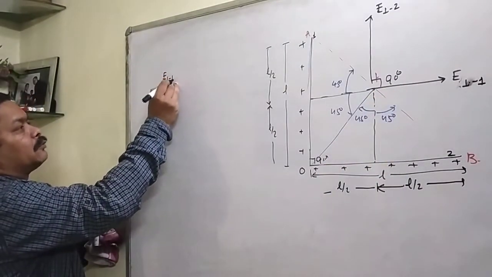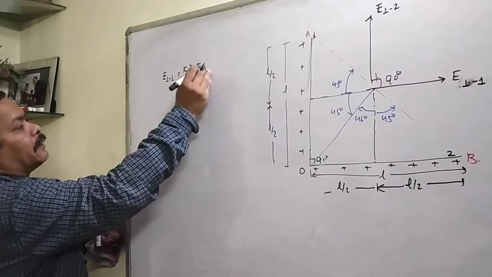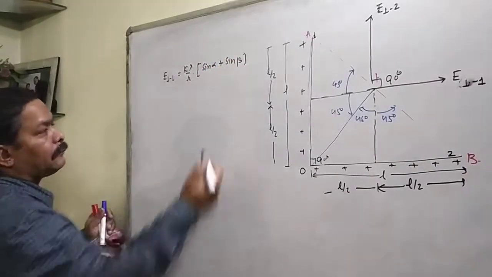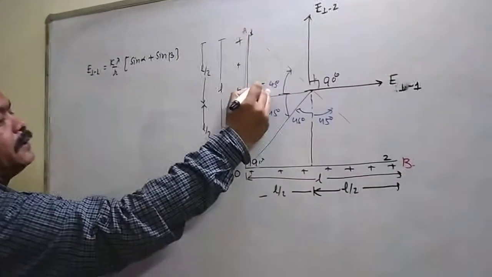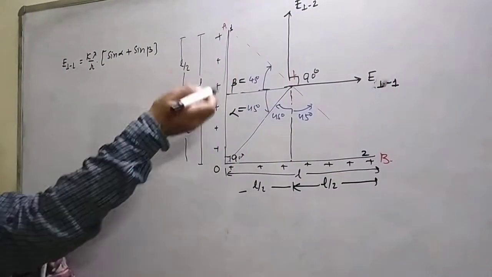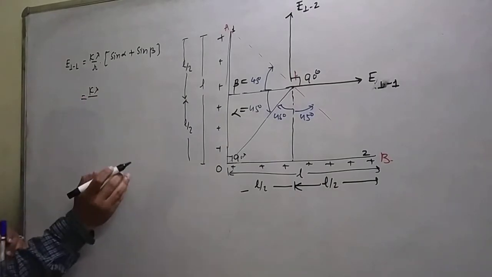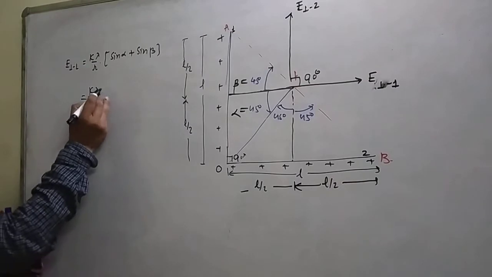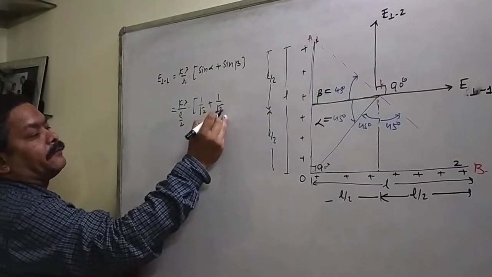The perpendicular component due to wire 1 is equal to k lambda upon R, using the actual formula, into sine alpha plus sine beta. Now alpha is 45 degrees, and beta is also 45 degrees. What is the value of R? R is L by 2. Just put L by 2, sin alpha is 45 degrees, sin beta is also 45 degrees.